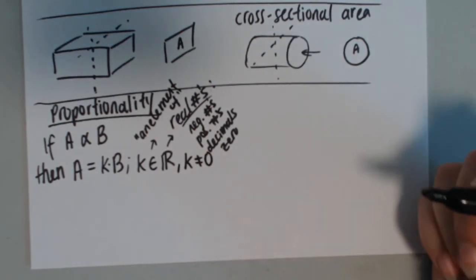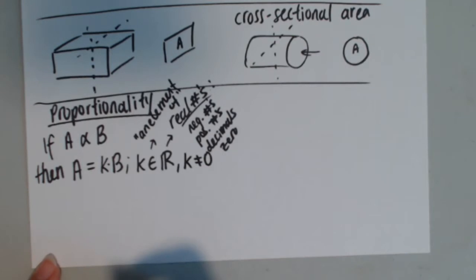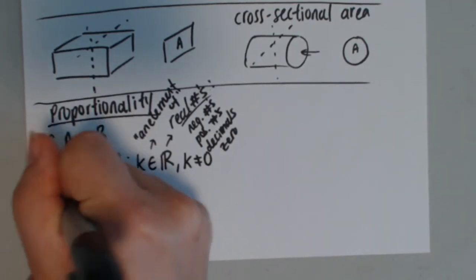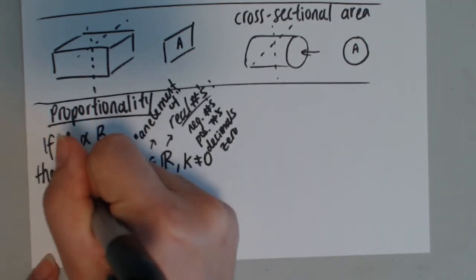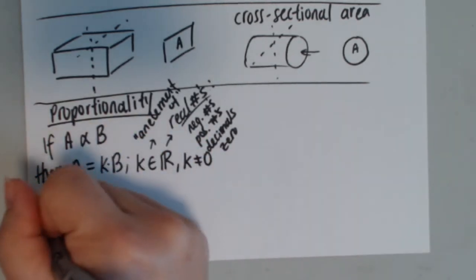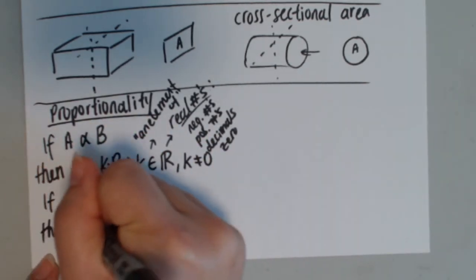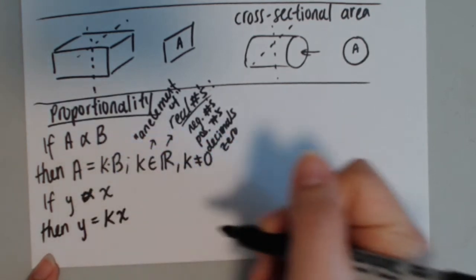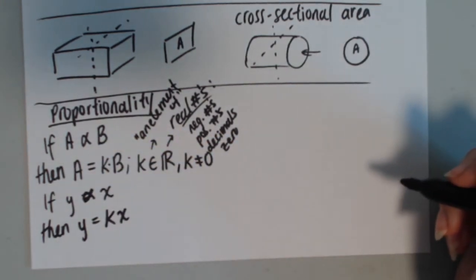Now if A is proportional to B, A is equal to a constant times B. And that's true for any two variables. So if y is proportional to x, then y is equal to a constant times x. That formula should look somewhat familiar.